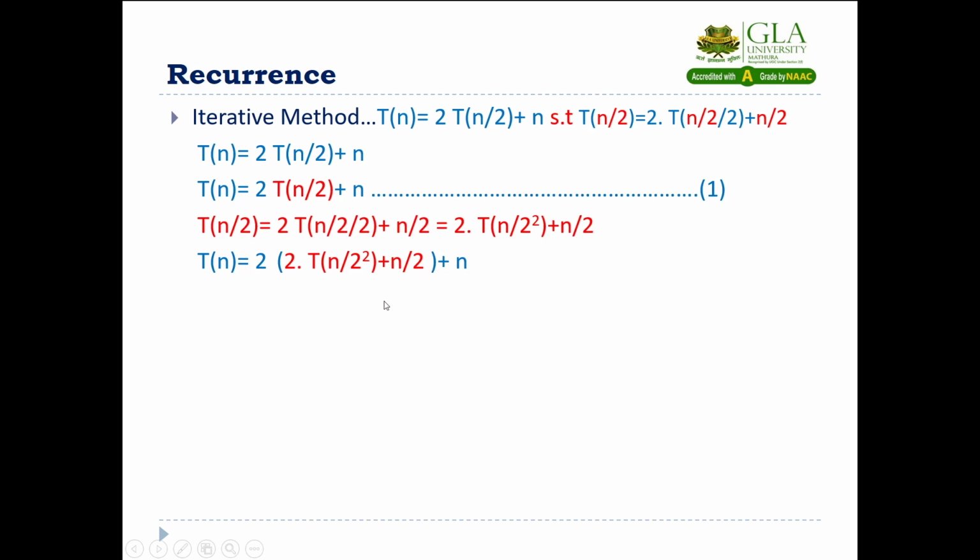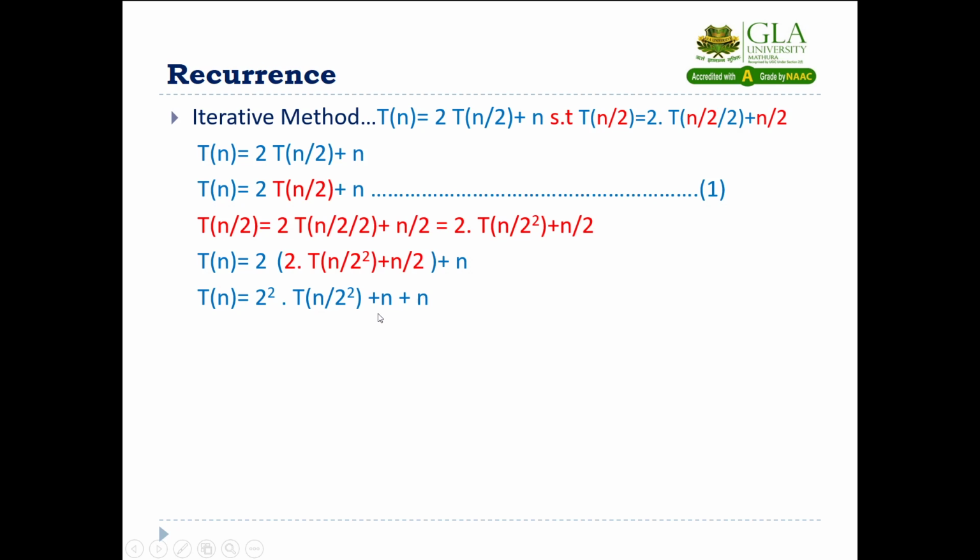Now you multiply, so you get the new equation: 2^2 T(n/2^2) plus, when you multiply this 2 by n/2, the 2 cancels out. So you will get n, and already there is n.